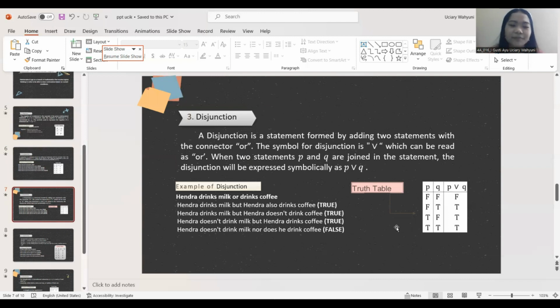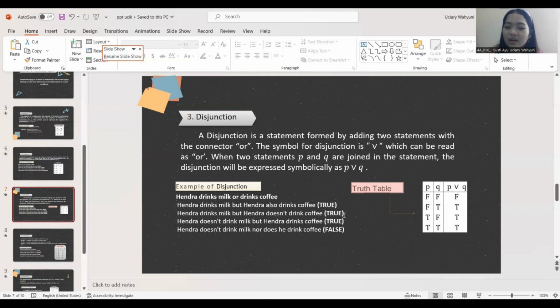Okay, for example, Hendra drinks milk or drinks coffee. The disjunctions are: Hendra drinks milk, and Hendra also drinks coffee. The sentence is true. Hendra drinks milk, but Hendra doesn't drink coffee.